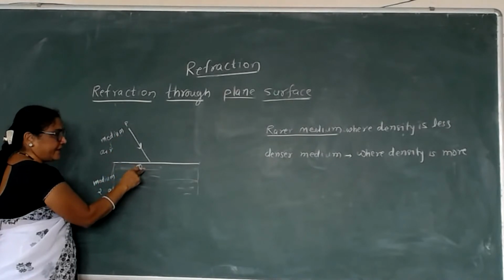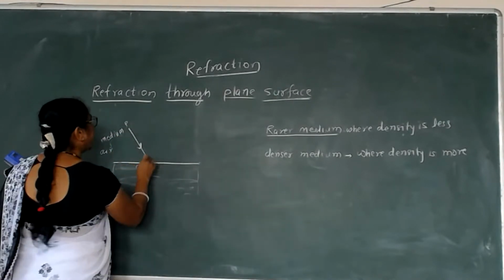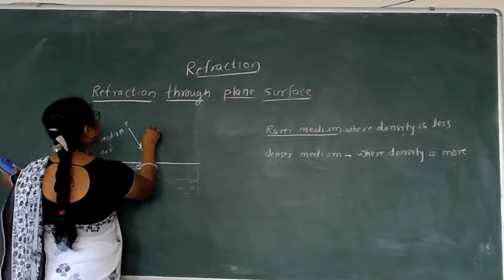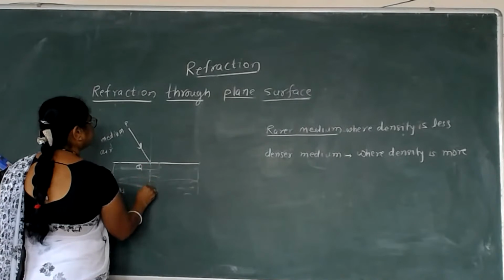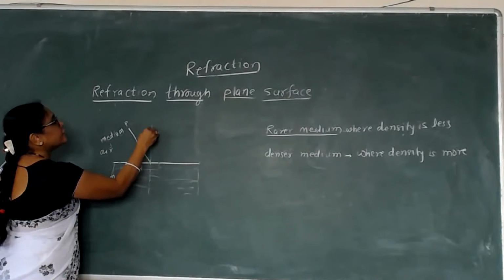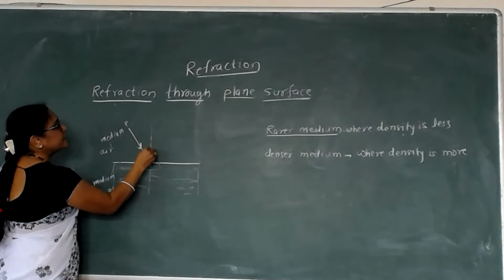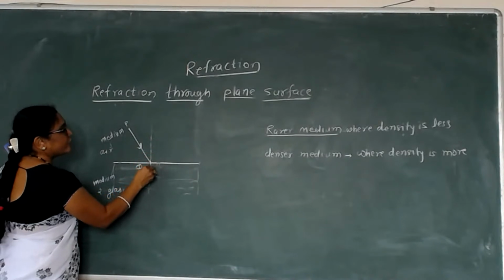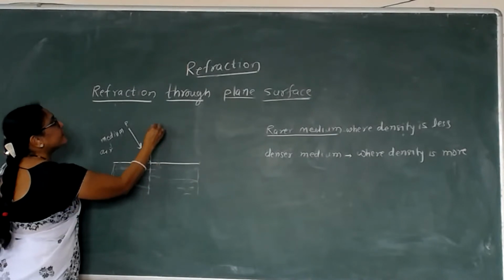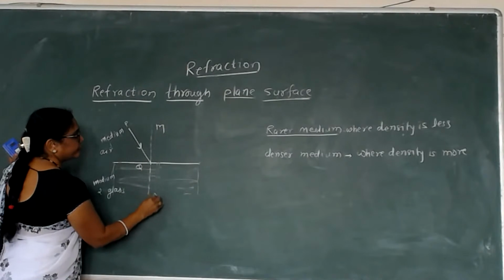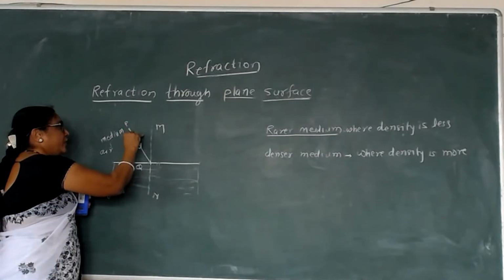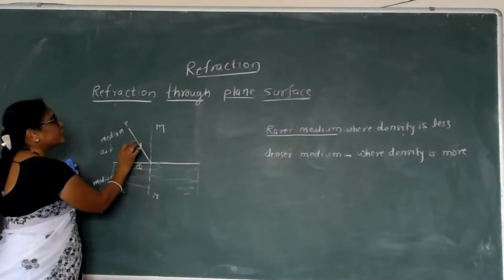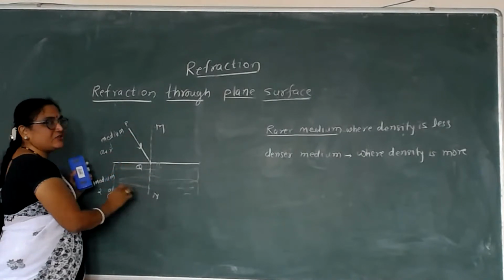That line is known as the normal. Suppose this is M, then MN is known as the normal. So PQ is the incident ray, MN is the normal.